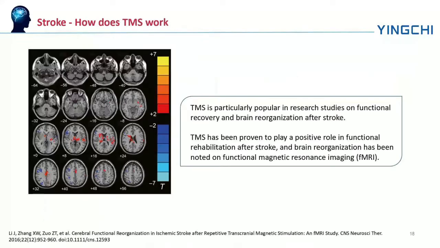So how does TMS work in stroke? TMS is particularly popular in research studies on functional recovery and brain reorganization after stroke. And TMS has been proven to play a positive role in functional rehabilitation after it. And brain reorganization has been noted on functional magnetic resonance imaging, which is fMRI.